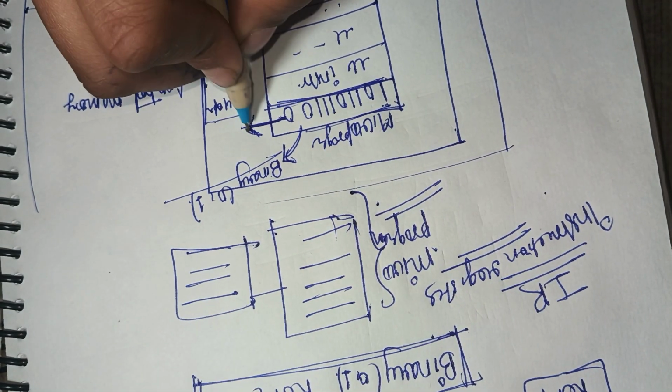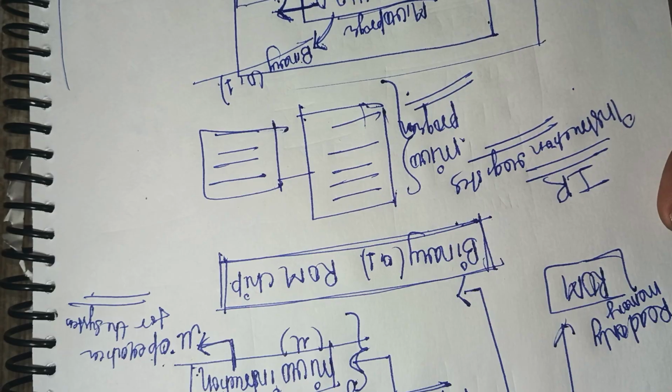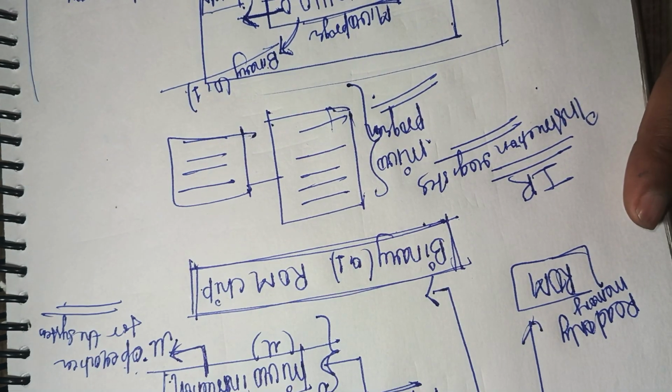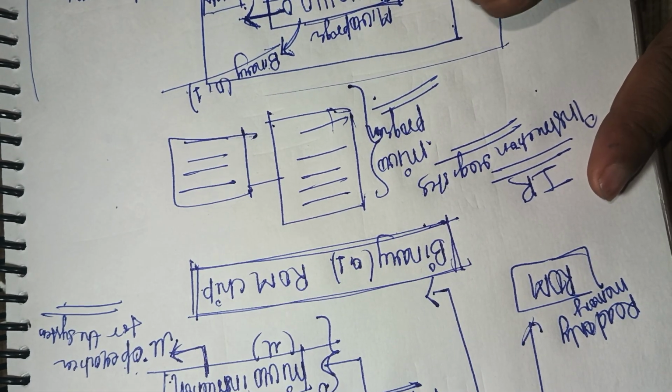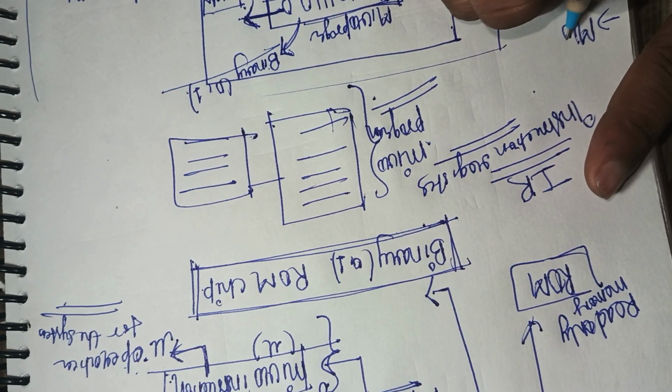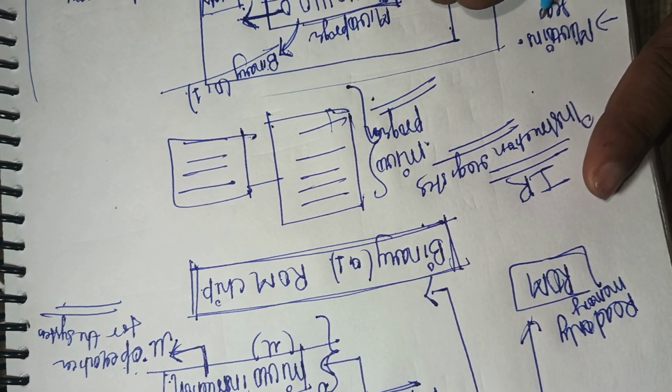After that it is divided into micro operations. And if we talk about the tasks performed by the microprogram control unit, first is micro instruction sequencing.